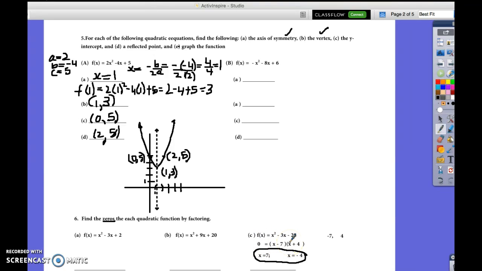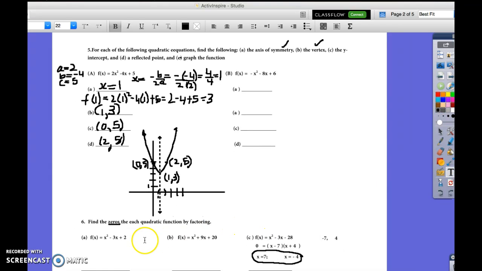Well, how about this one? Let's do this one. And then don't forget, you're going to go and do this one by yourself for practice. So here again, we're finding the zeros. So we're looking for the x values that would make y 0. So here it comes. f of x, which is y, I'm making it 0.